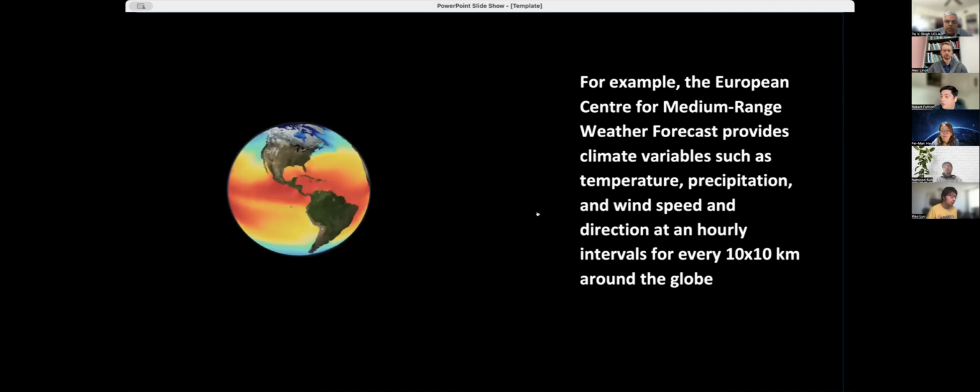And they do this at hourly intervals for every 10 by 10 kilometers around the globe. So you can imagine the size of the data being outputted every single hour. It's thousands of petabytes of data, in fact. Next slide, please.